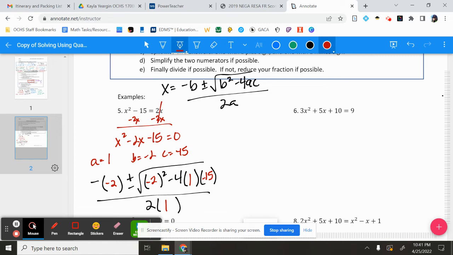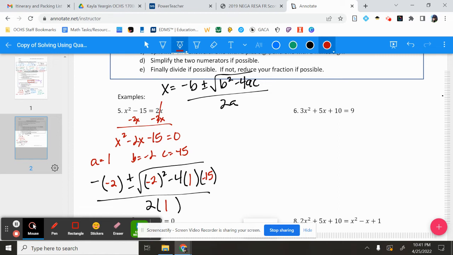So negative, open parenthesis, type in -2, close parentheses. You cannot put a plus and a minus into the calculator at the same time. Unfortunately, you're just going to have to pick one and then go back and retype it in. I like to typically start with the plus. So I would have at this point plus and then square root, which would be second x squared, would start my radical.